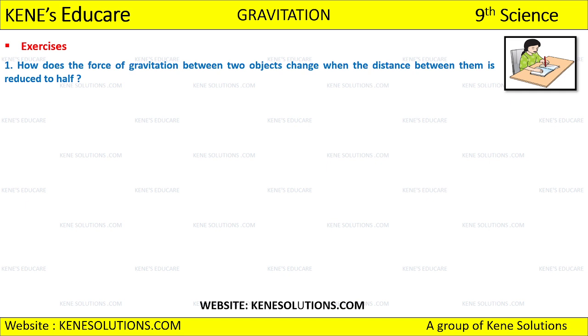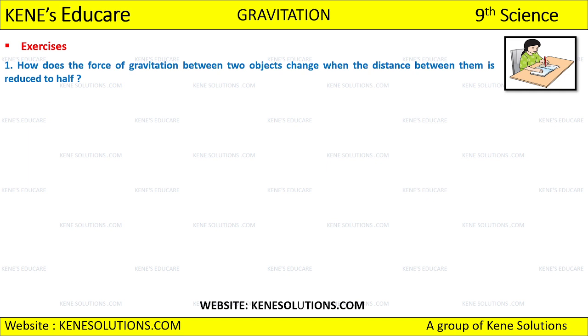So according to the question, if the distance is reduced to half, the r that we have, the square of the distance between them, will be r divided by 2. So when you do that, you will get the force as 4F, and hence you can say if the distance is reduced to half, then the gravitational force becomes 4 times larger than the previous value.